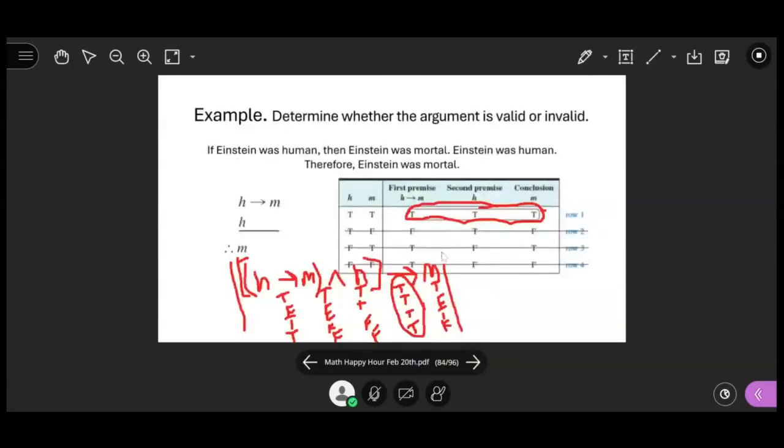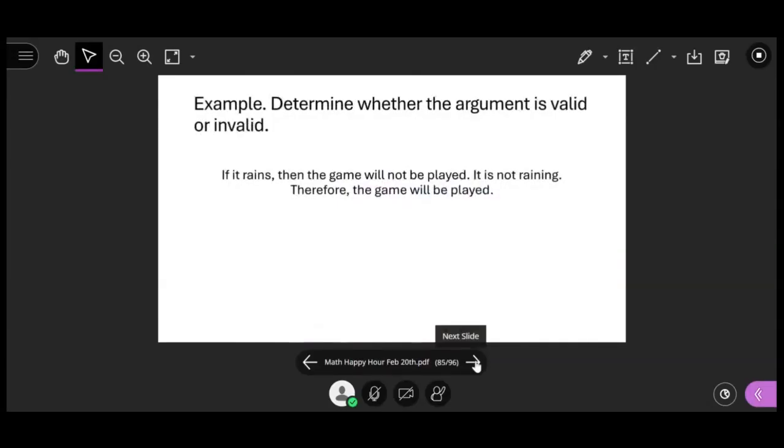Okay, so here all my premises are true and the conclusion is true. And those are the only rows we consider because that's when the premises are both true. So this method is a lot shorter than having to do the whole truth table. So let's practice another one.